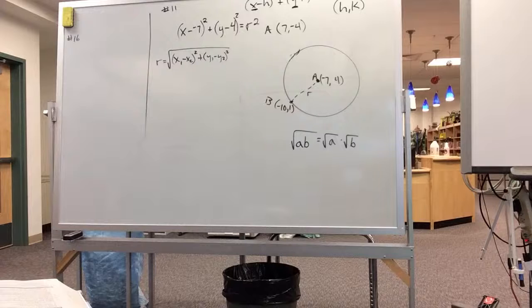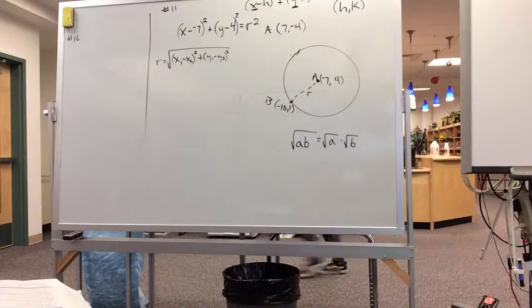Wait, no, I'm sorry. Why does it matter? Wait, you said, you did negative 7 subtract negative 10 is a negative 7, isn't it? Yeah, they're both negatives.